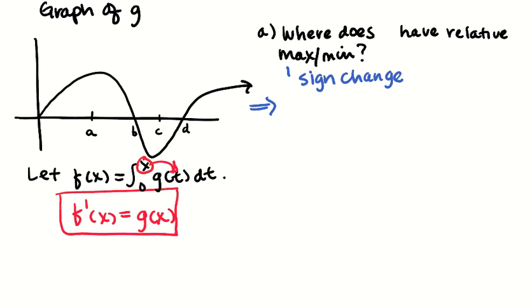So where does f have a relative max or min? Wherever f prime has a sign change, which is where g has a sign change. Now, g has a sign change at b, and g goes from positive to negative, which means f prime goes from positive to negative, meaning f goes from increasing to decreasing, which is a relative maximum.